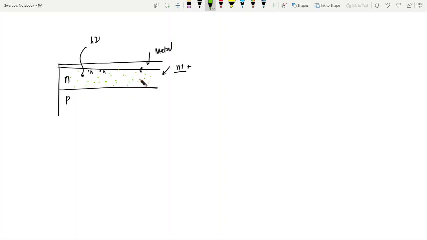And these black dots I'm putting are the photogenerated EHPs, right. Now these electrons are already there inside, fine, but the photogenerated hole has to travel towards the p side. You have to collect them, right.